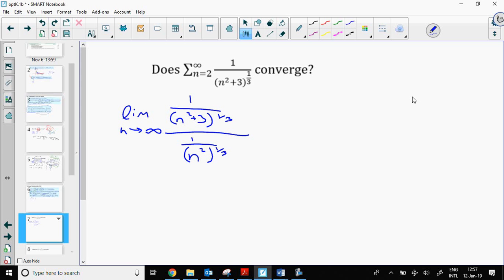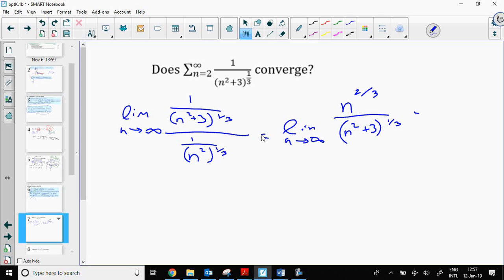So here I've got the original series, or the original sequence expression, in my numerator, the made-up one in the denominator. Let's just rewrite that, since we've got some reciprocals here. This is going to be n to the 2/3 over n squared plus 3 to the 1/3. Now what is the limit as n approaches infinity here?